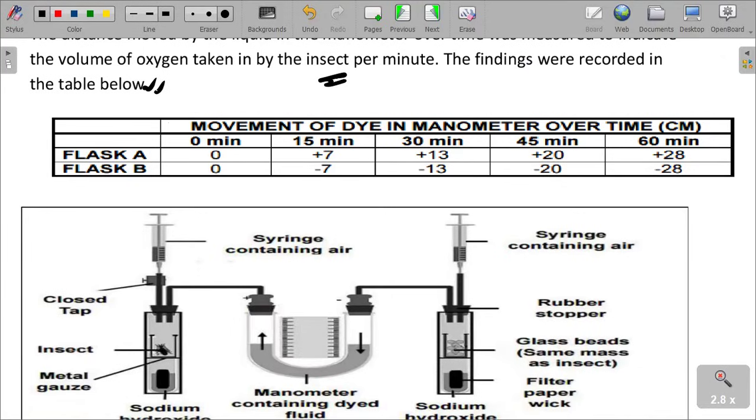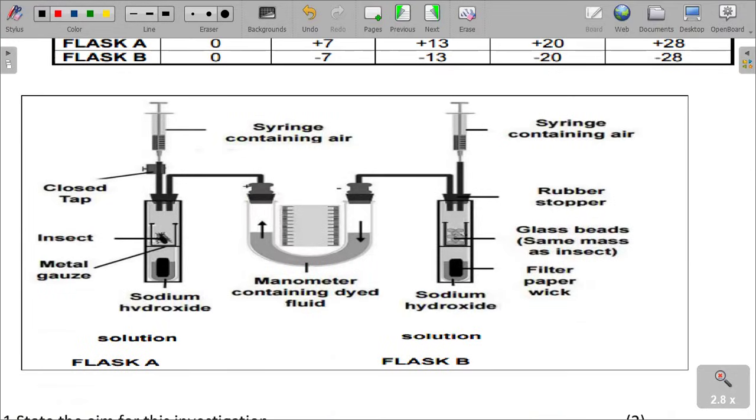Flask A, minutes: 15 minutes, 30 minutes, 45 minutes, and 60 minutes. So we are given the syringe containing air, and then the closed tap here, the insect, the metal gauze.